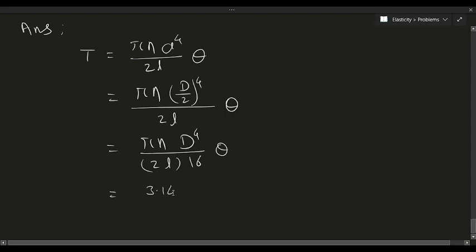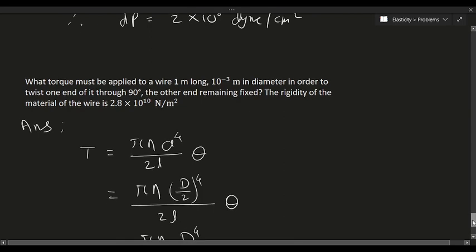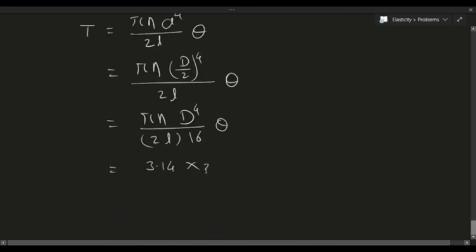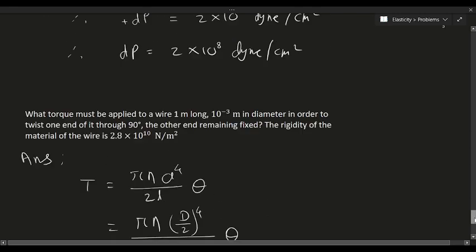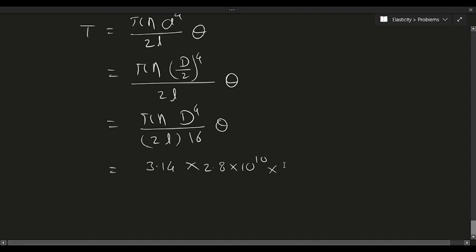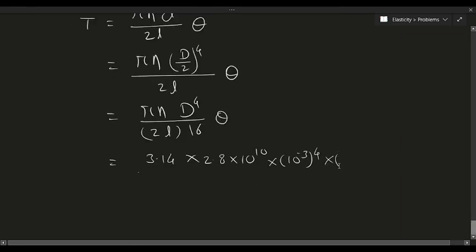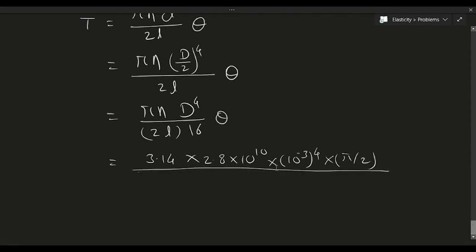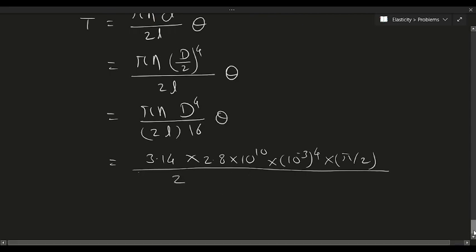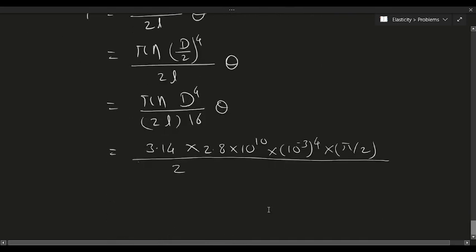We take pi to be 3.14. The modulus of rigidity is 2.8 into 10 raised to 10. The diameter is 10 raised to minus 3 meter. The angle is 90 degrees, which means pi by 2 radian. Angle must be taken in the radian system, because in our formula we assume radian measure of angle. 2 into the length of the wire, the length of the wire is 1 meter, multiplied by 16.